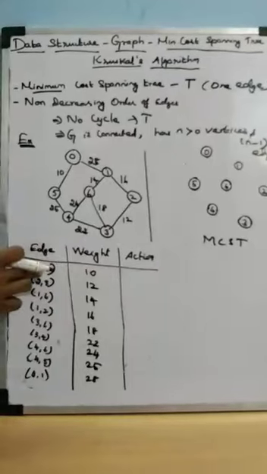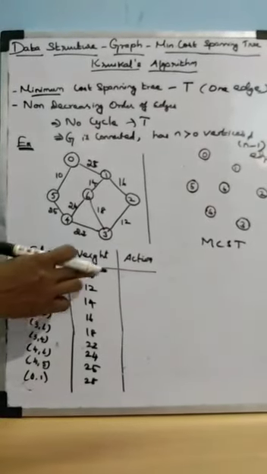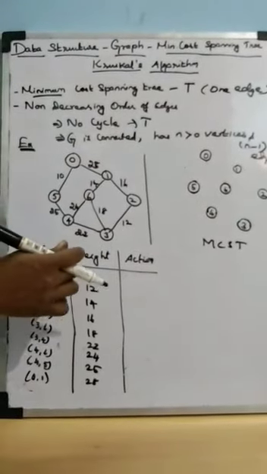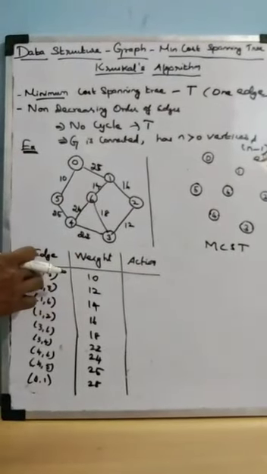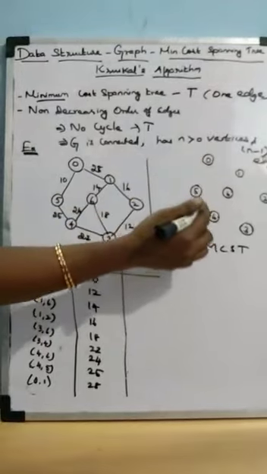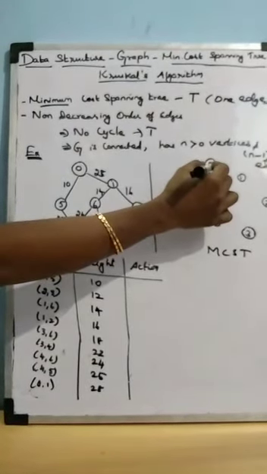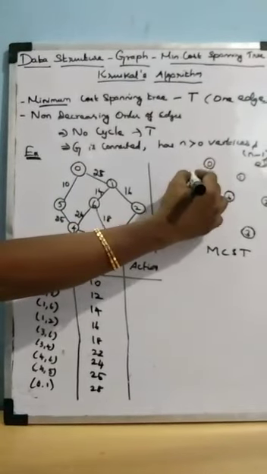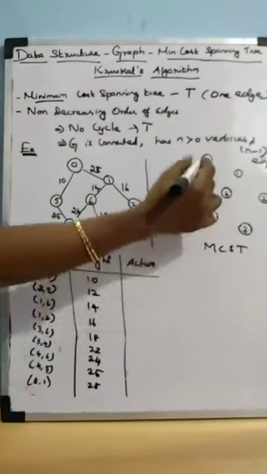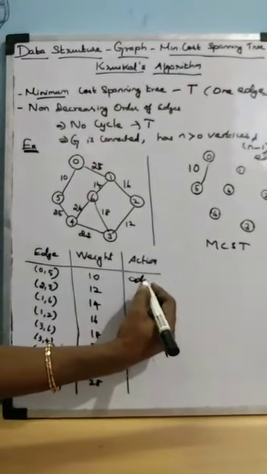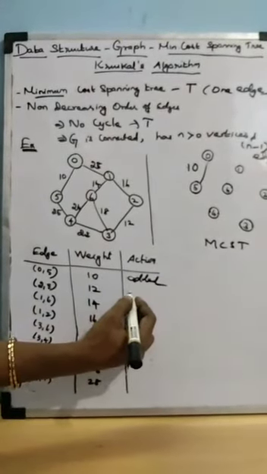First, the least cost edge is 0, 5. I can select this edge for adding to the tree. The weight is 10. It does not form any cycle with the tree, so it is added into the tree.